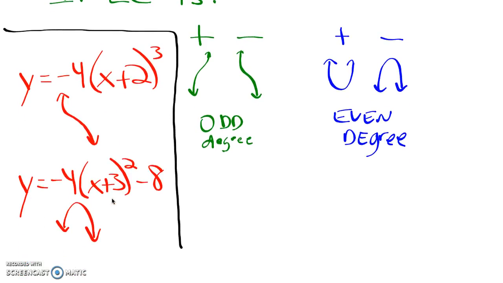The second red equation is a quadratic, as indicated by the squared piece of the equation with the x. Again, we have a leading coefficient that is negative, and so in this case, we'll have a graph that opens down.